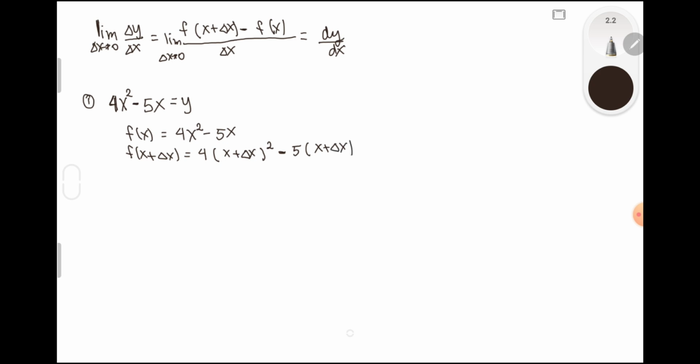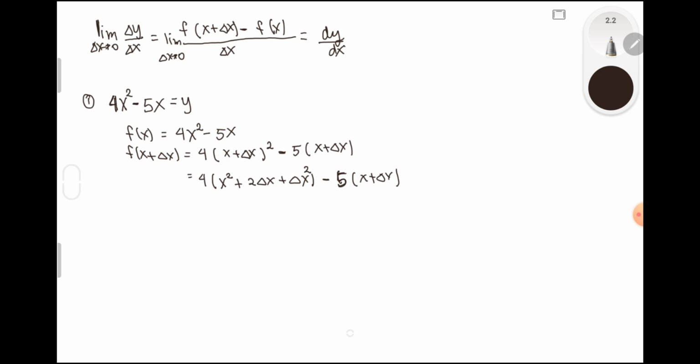By further manipulation of this equation, we'll have this equal to 4 multiplied by x squared plus 2x delta x plus delta x squared, minus 5 times x plus delta x.